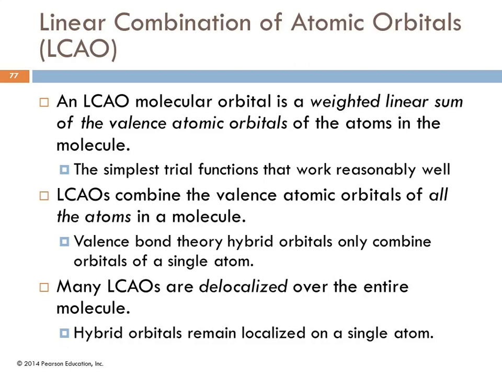What valence bond theory does with its hybrid orbitals is it only combines orbitals from a single atom. So we talked about hybridizing carbon to sp3. We were looking at the atomic orbitals that carbon as an atom had. Molecular orbitals, now we're taking orbitals from carbon and orbitals from oxygen and combining those into new orbitals, because that's what actually happens when a molecule forms.